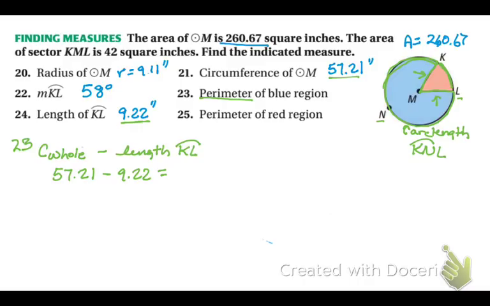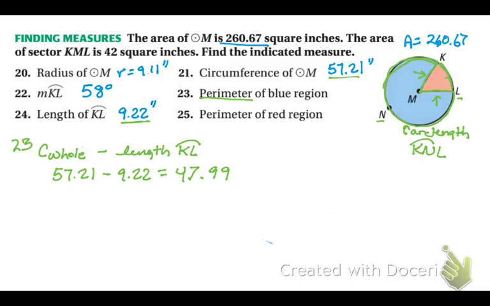We're going to have this arc of this remaining piece when we take the whole and subtract the arc length of that sector. And this is going to turn out to be 47.99. Okay, so that is our arc length.